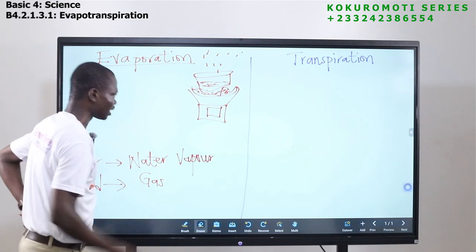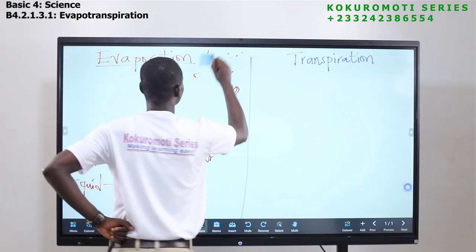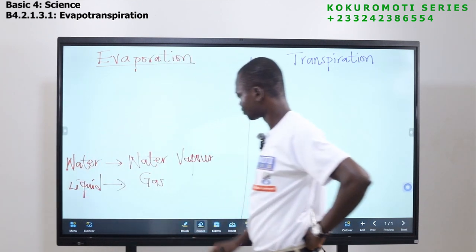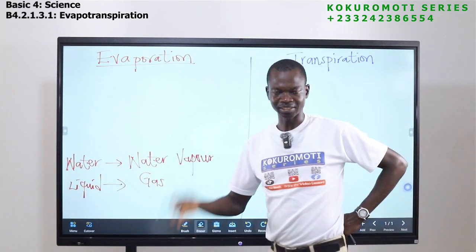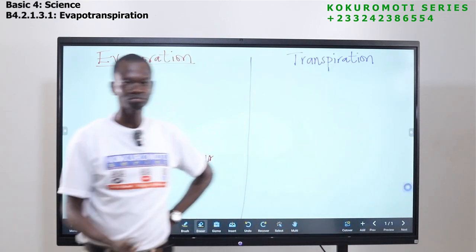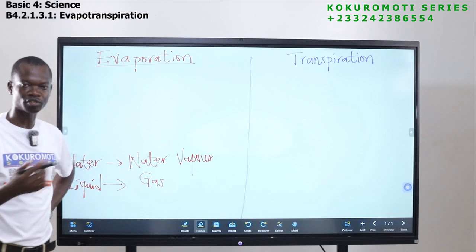Now, there are a lot of things that we have on earth. You know, we have plants, we have soil, we have stones, we have water bodies.